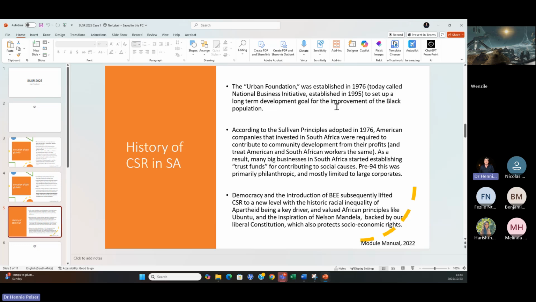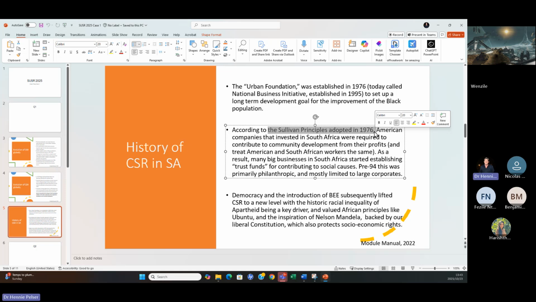I think the key one for us that you need to focus on around 76, and you can integrate it into your discussion as you build the timeline around the others, would be the Sullivan principles, essentially companies doing business in South Africa because of it being during apartheid times, they expect specifically communities, etc. And then where we are now, it's triple B, double E, and how CSR is even written into our constitution. So just remember, create your timeline and then see where we fit in with Woolworths.